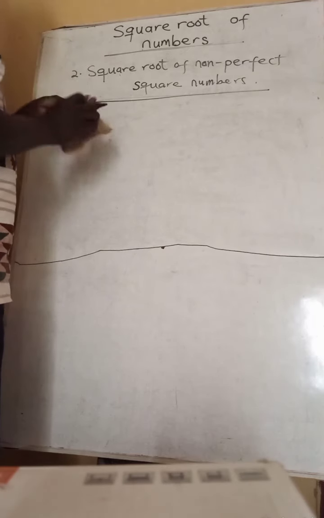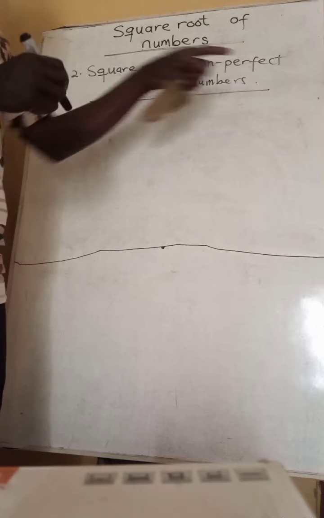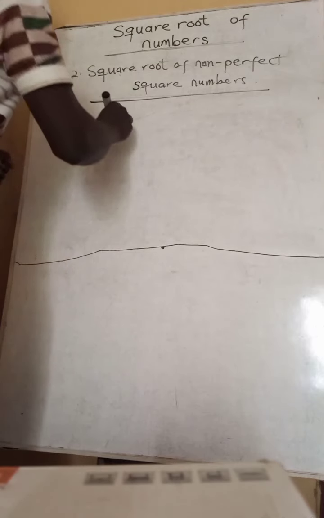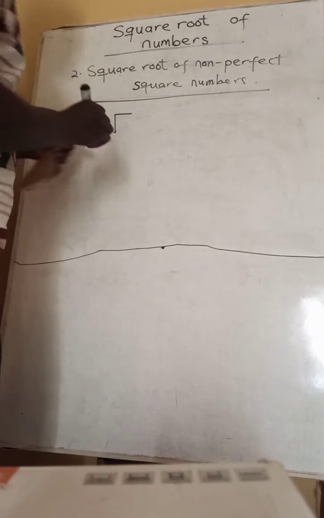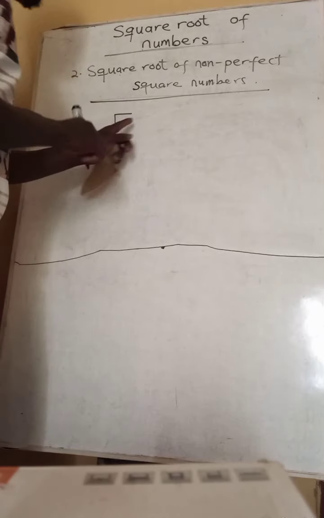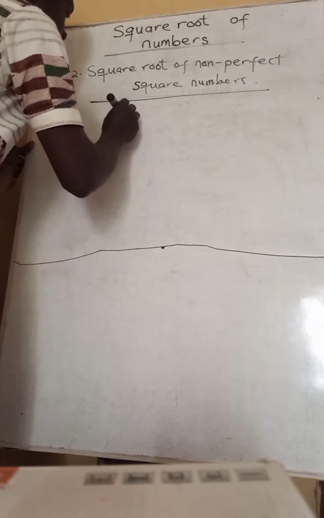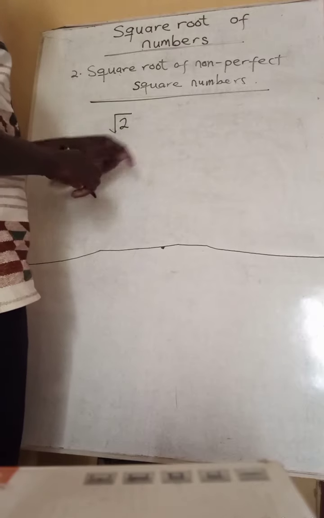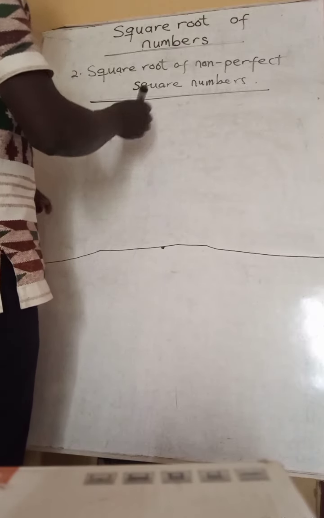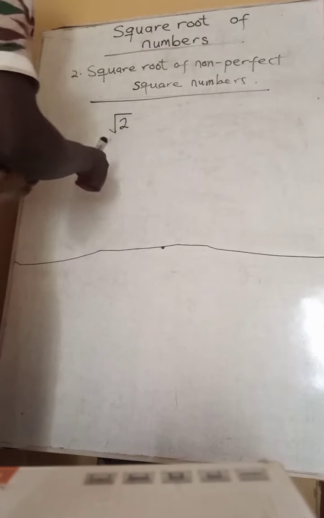When we say the square root of a number is non-perfect, what do we mean? It means that when you take the square root of the number, the result is a decimal fraction or a simple fraction. For example, the square root of 2 will yield a result of 1 point something, which is also a decimal fraction.